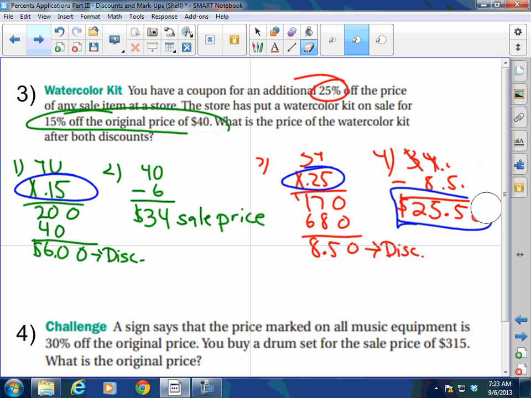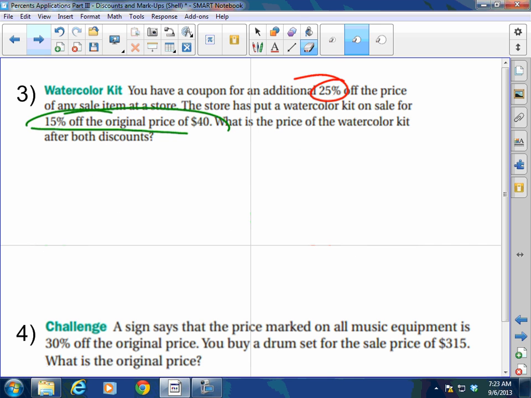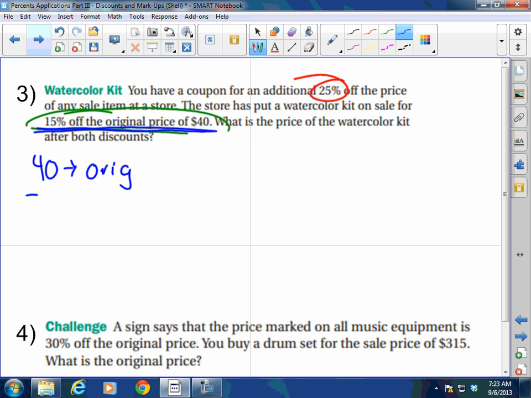Method 2 for this one. Okay. First, again, let's find the original sale price. So $40 is the original price, which is 100% of the original price, minus a 15% discount.